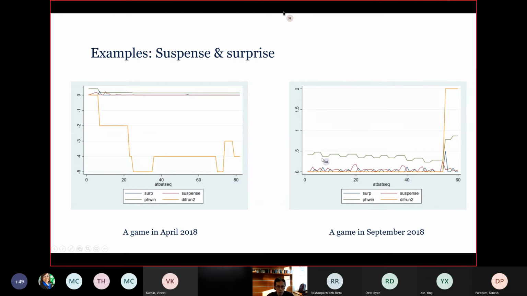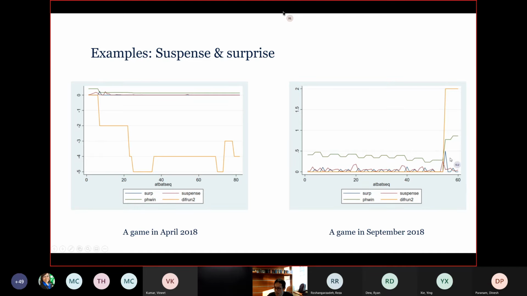Therefore, the home team winning probability, the green line, is jumping up and down. When the home team gets 2 scores in the 9th inning, the predicted home team winning probability goes up and then goes flat. So the suspense and surprise, the red line and blue line, move up and down depending on the change in the home team winning probabilities.